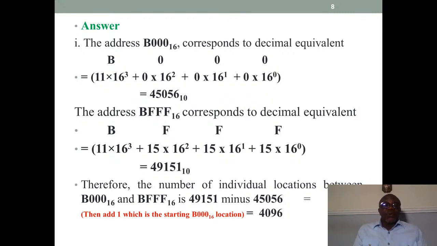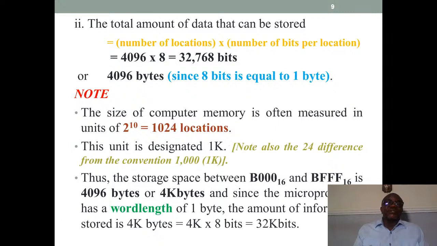But then we have to add one to represent the starting address, which is B000 base 16. If you add that one, it gives you a total of 4,096 address locations.